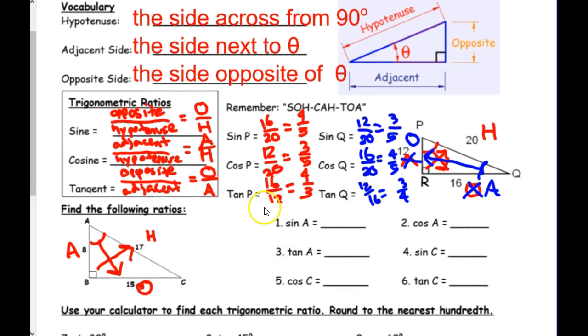All right, so number one, let's remember, Sohcahtoa. Sine, S is SOH, O over H, right? So what's O and what's H? Okay, so for sine, O over H is going to be 15 over 17.